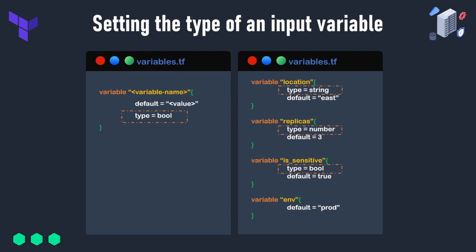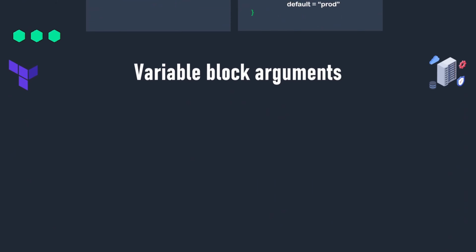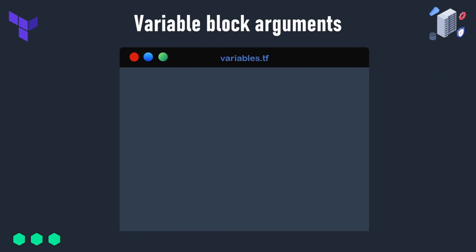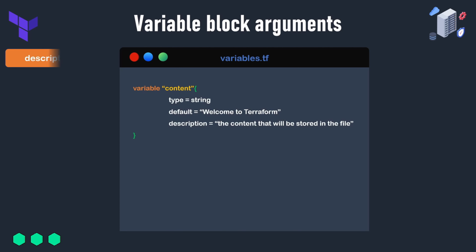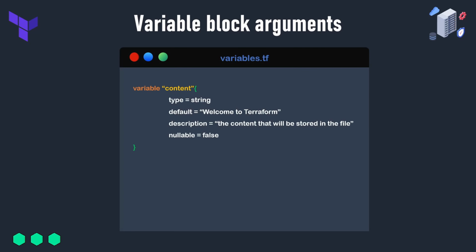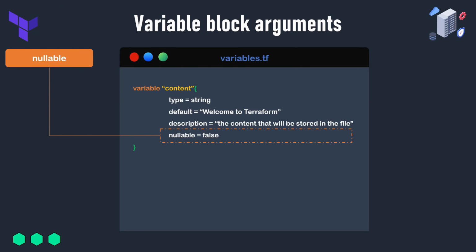In addition to the default and type arguments, there are some arguments that we can set when declaring a variable. We have the description argument, which is used to give more information for what this variable is used for. The nullable argument in a variable block controls whether the variable can accept the value null. If it is true, the null value will be accepted, otherwise the variable will never be null.